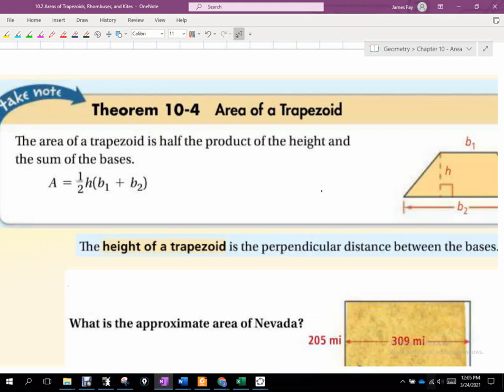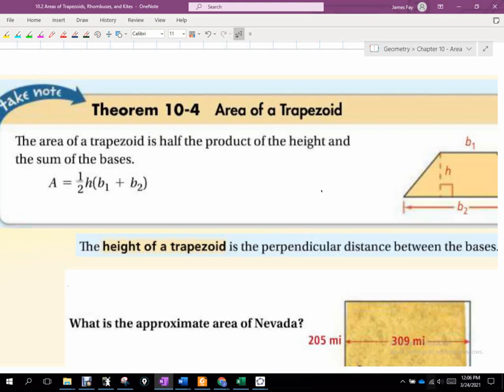Which is very, very bizarre that that's the case. But the volume of a pyramid, if we think about it, we draw a lot of connections all the way back, comes from the area formula of a rectangle. So our rectangle is the driving force for a lot of the things that we talk about in regards to these formulas.